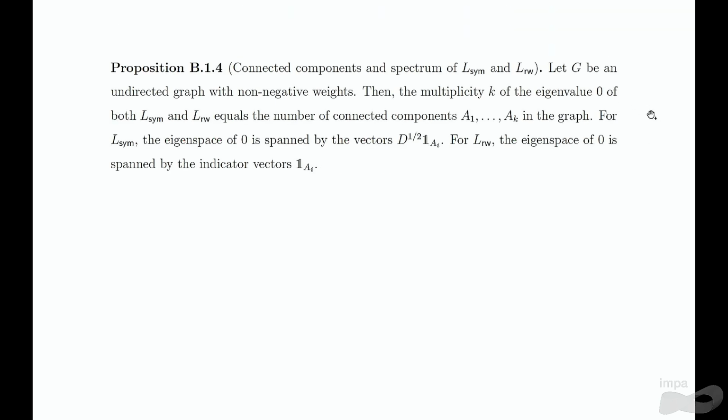Just very briefly by analogy, we can establish a correspondence between the connected components of these new Laplacian matrices and their spectrum. Related to the proposition we just saw a moment ago, it continues to hold that the eigenvalue 0 indicates the number of connected components in these graphs, and the eigenvectors point to nodes in those individual connected components.